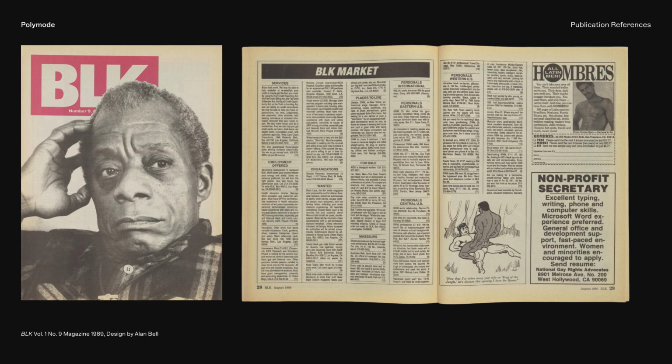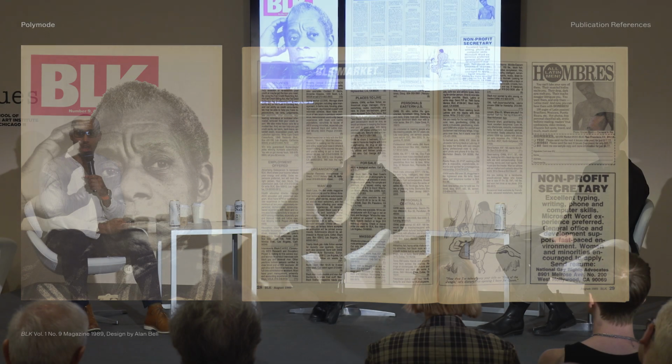Another reference was BLK Magazine by Alan Bell, an amazing graphic designer based in Los Angeles, who made this publication that was pointing to Ebony, but also to Life magazine, but is this queer reference. One of the most interesting things was the classified personals in the back of the publication, which also had rows of information and intimate connections.